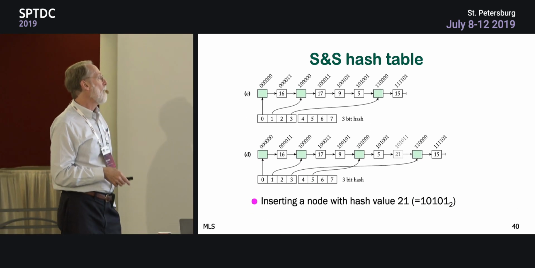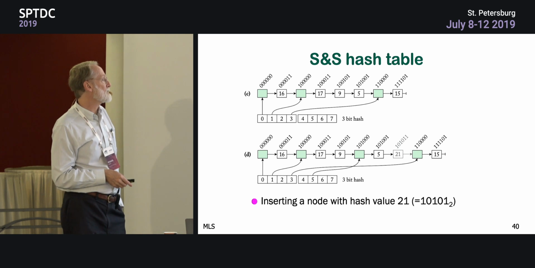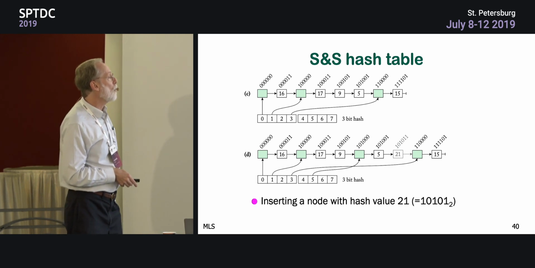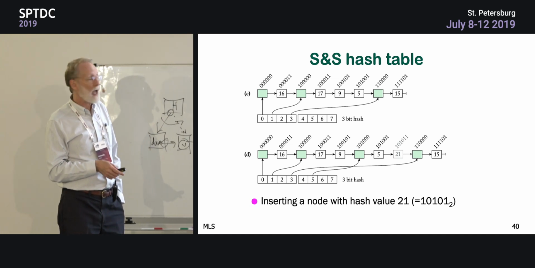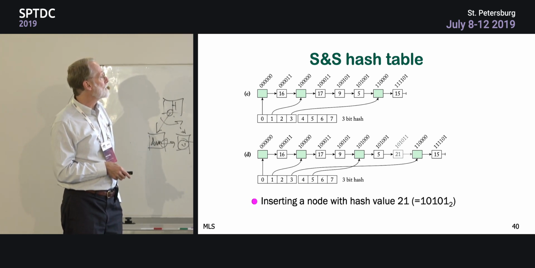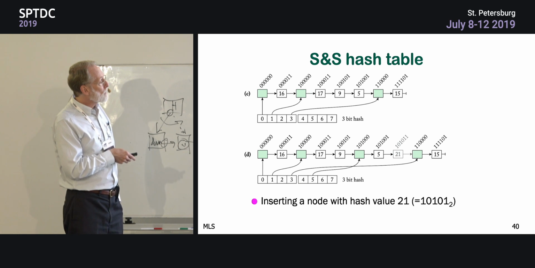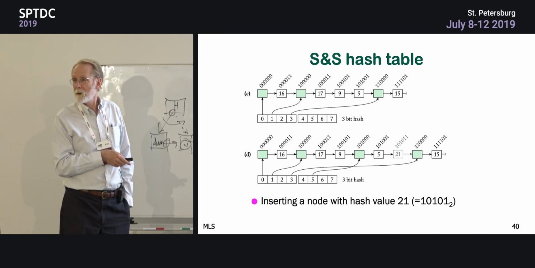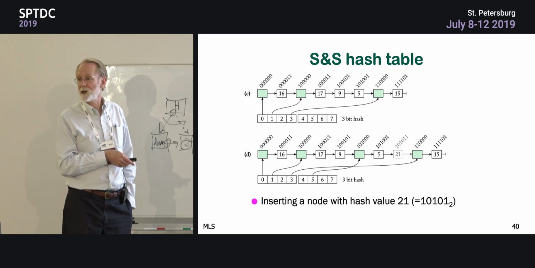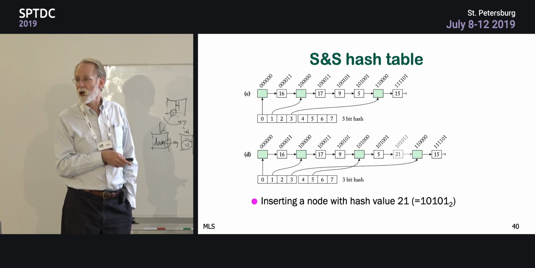So now, if we want to insert a new node, let's say one with hash value 21, we'll discover, because we're now using 3-bit hashes, that the 3 low-order bits, the 1, 0, 1, or 5, are for a hash bucket that is uninitialized. And so we have to initialize it.